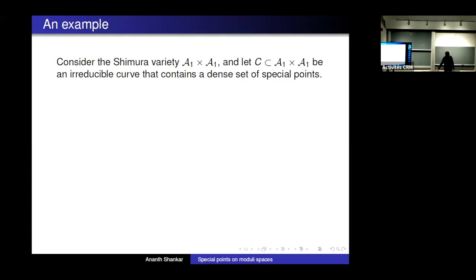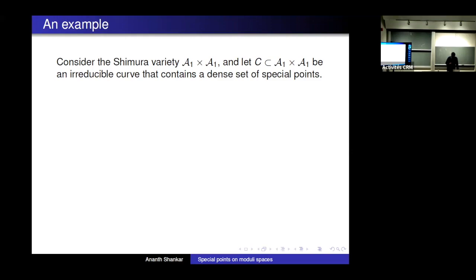So here's an example of this conjecture in action. If you were to consider the modular curve, then this doesn't really say anything, because any subvariety is either going to be the whole curve or it's going to be a finite set of points. Nothing very exciting about it. But as soon as you look at a product of two modular curves, then you can start asking very interesting questions.